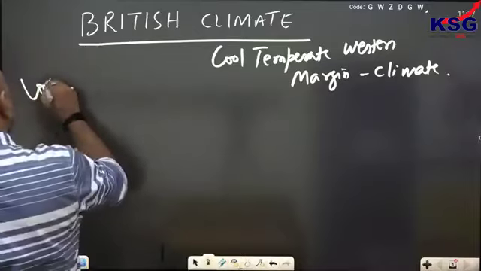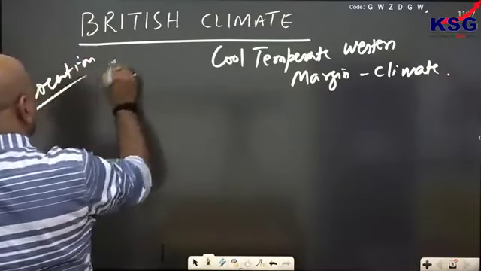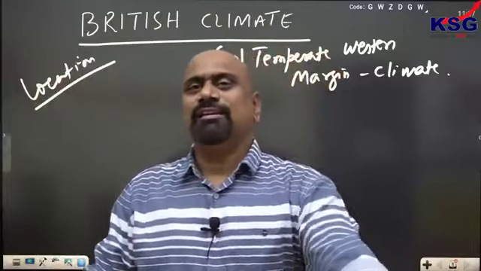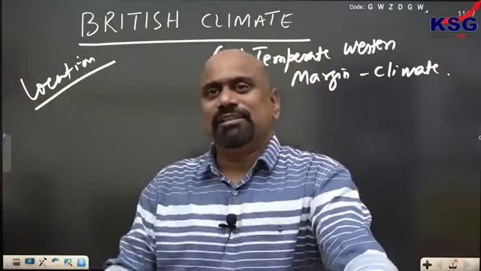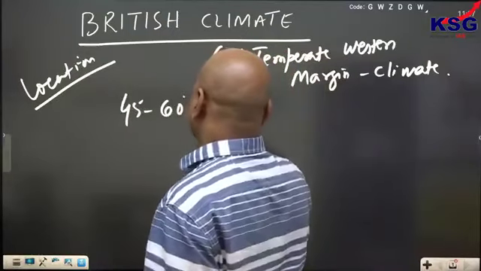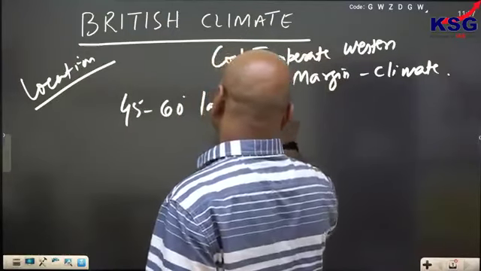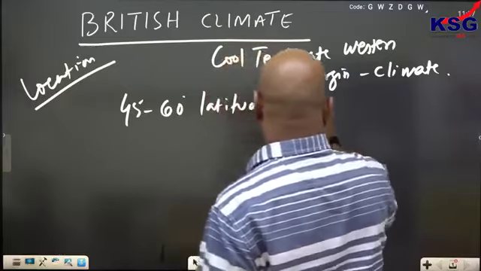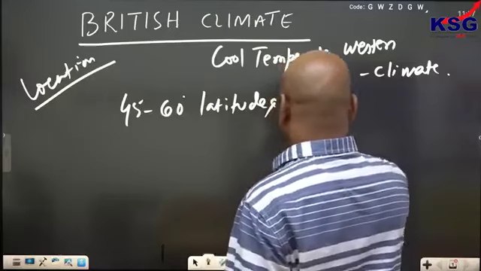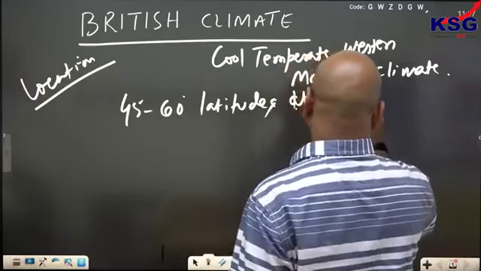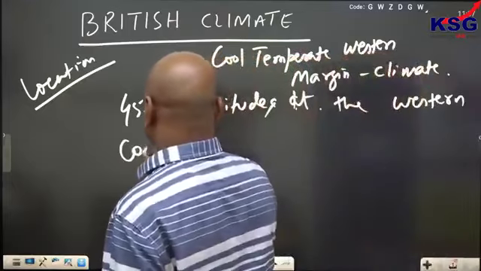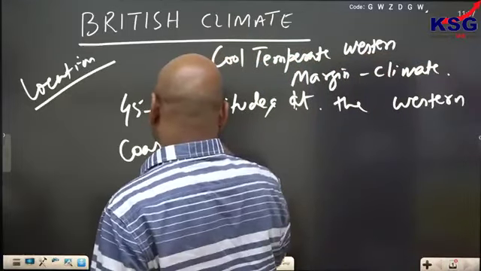If I go for the location of this, as I told you earlier in the climatic regions box which we have done, it is between 45 to 60 degree latitudes at the western coastal margins.